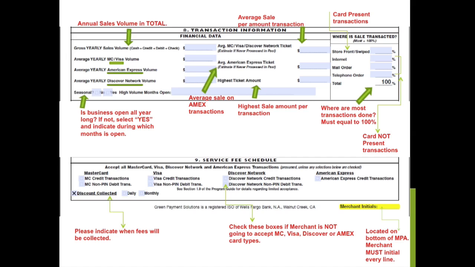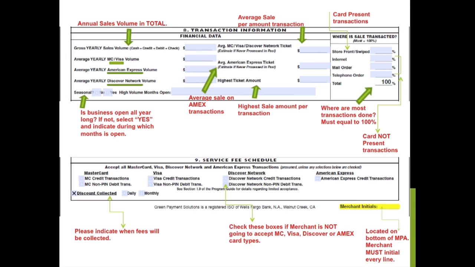On the very bottom of page 2, we have number 9, service fee schedule. Here, as you can see, accepts all MasterCard, Visa, Discover Network, and American Express transactions, in parentheses, presumed unless any selections below are checked. In other words, if you check any of these boxes, it indicates to First Data that the merchant is not willing to take that particular transaction.